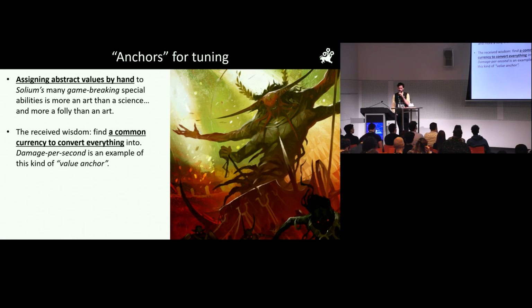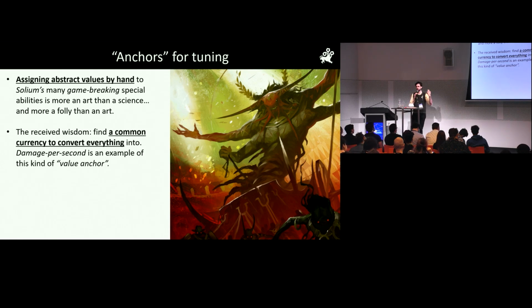Generally speaking, what experienced designers will tend to recommend is finding some kind of common currency that you can convert everything into, rather than handling some abstract power value between 0 and infinity, or minus infinity and infinity. A really common example of this would be damage per second.